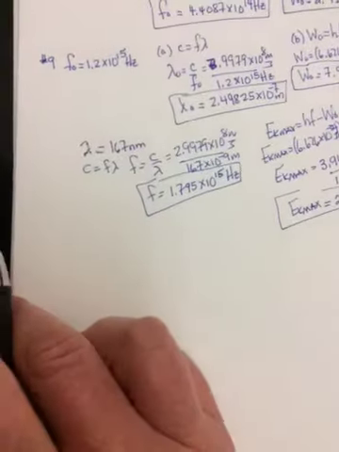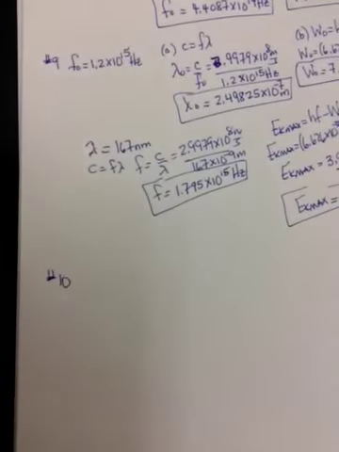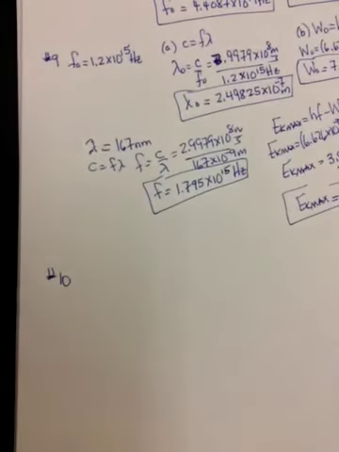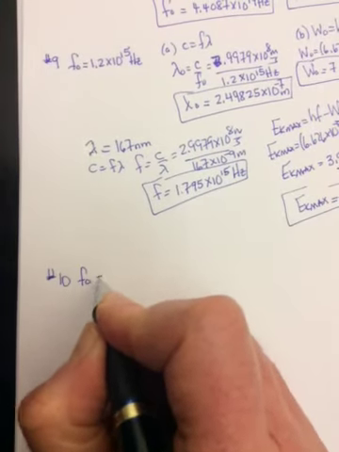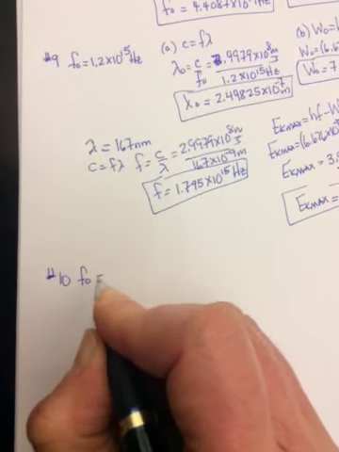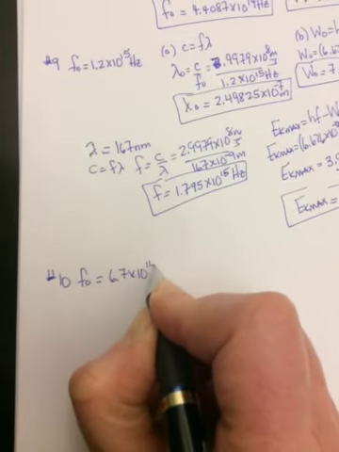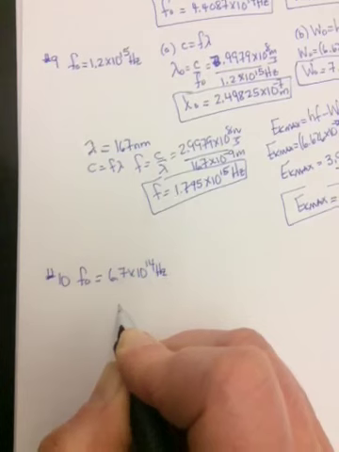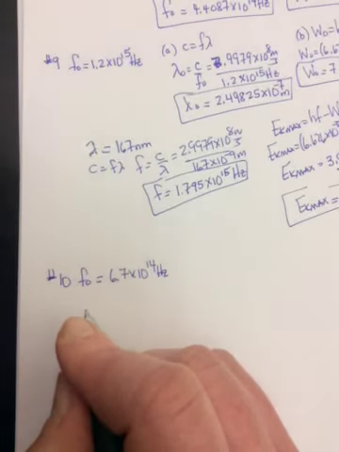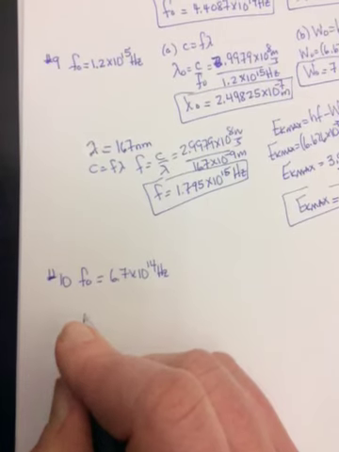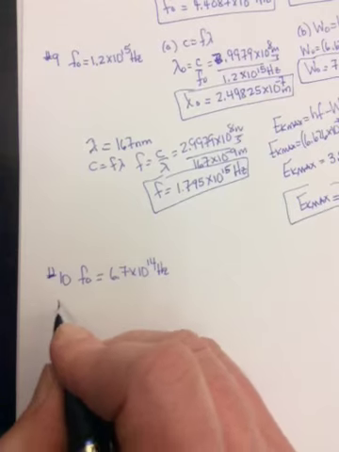Number 10 says the threshold frequency of a given metal, so that's my FO, whenever you see threshold anything, is 6.7 times 10 to the 14th hertz. Calculate the kinetic energy in electron volts of the electrons ejected when the surface is illuminated first by 350 nanometers and second by 550.